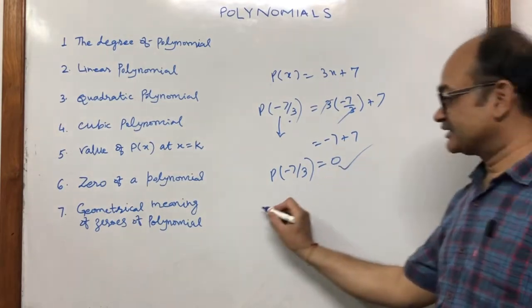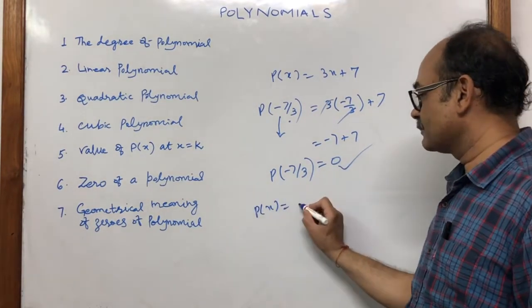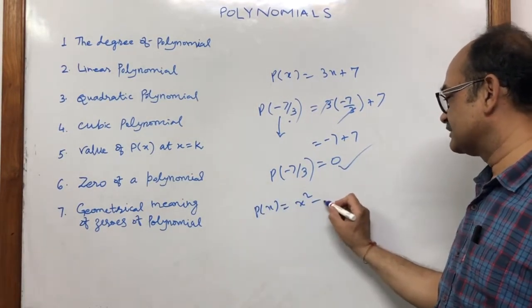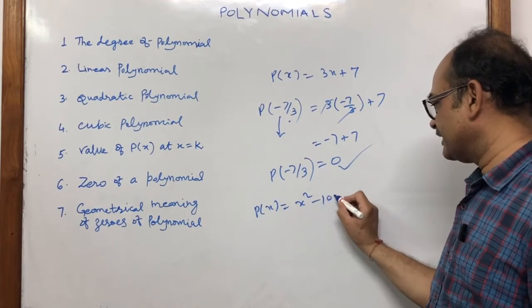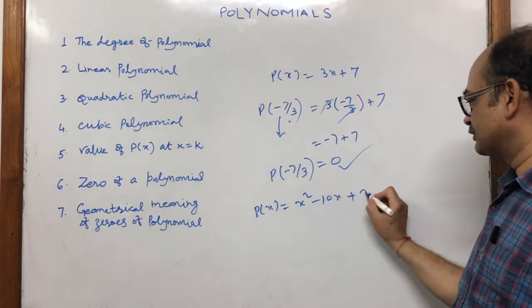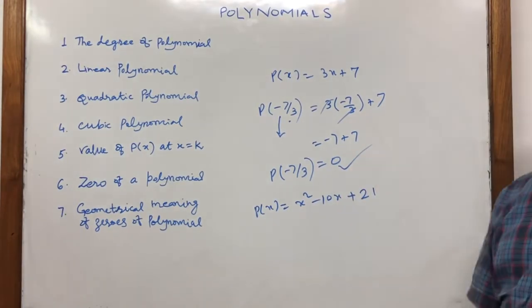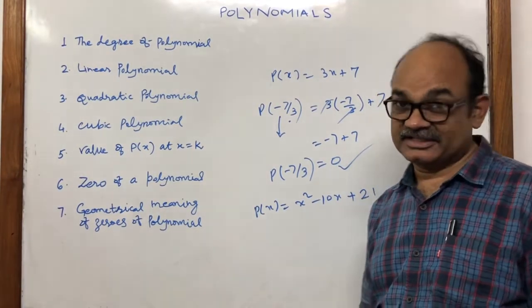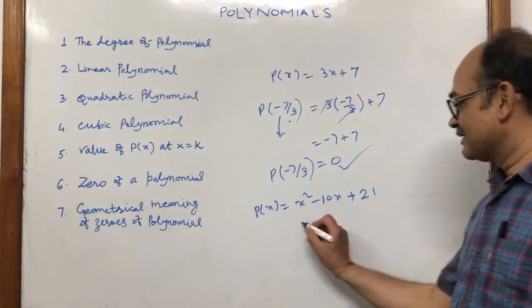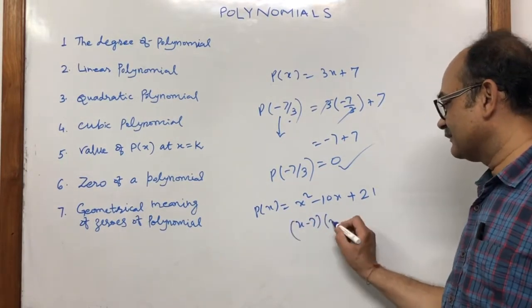Correct? Suppose it is quadratic: x square minus 10x plus 21. You know the factorization of this polynomial from class 9th, splitting the middle term. You haven't forgotten, right? x minus 7, x minus 3.